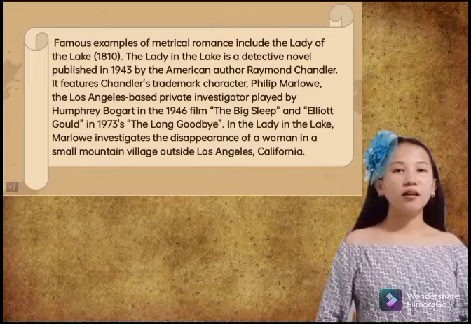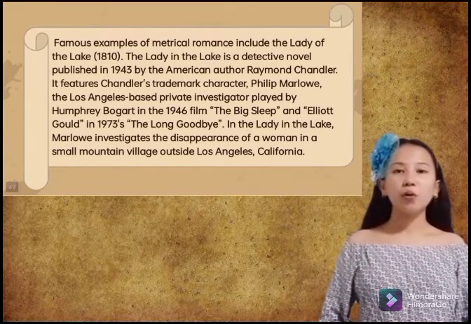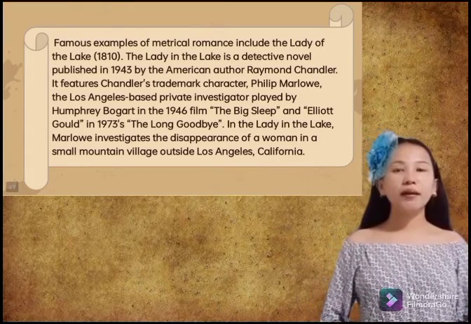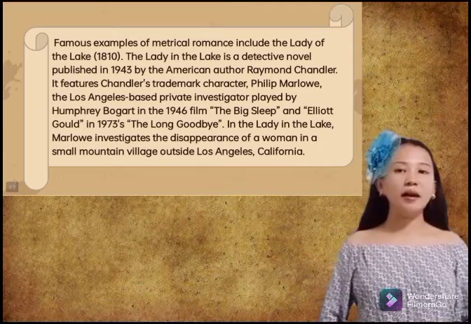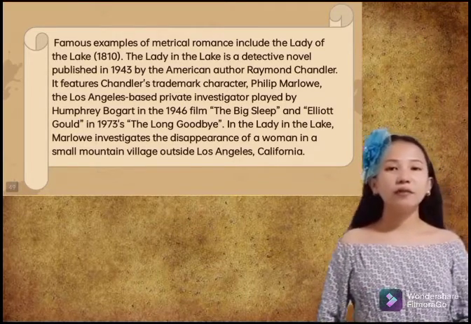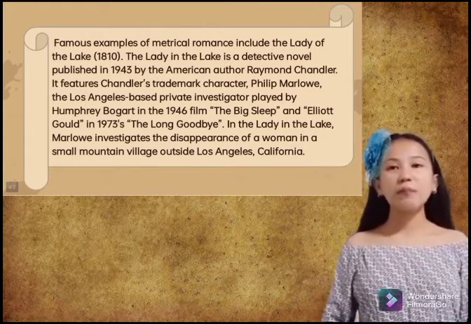outside Los Angeles, California. Marlowe is approached in his office by a wealthy business tycoon named Derace Kingsley. Kingsley and his wife, Crystal, had been separated and estranged for some time.